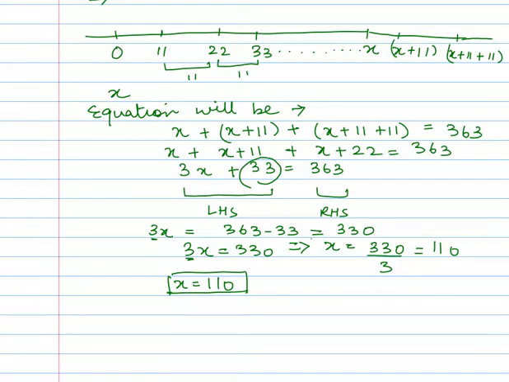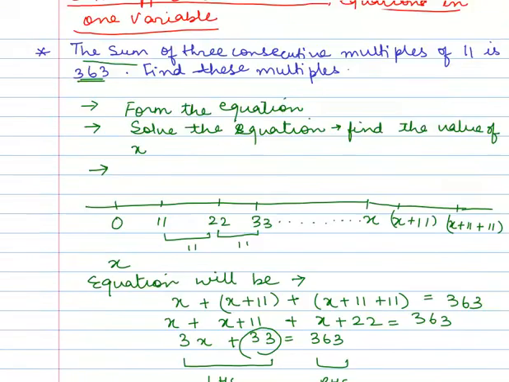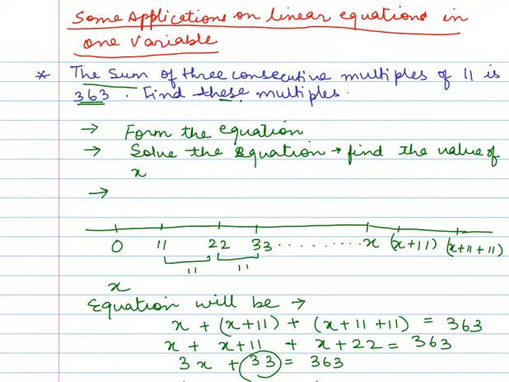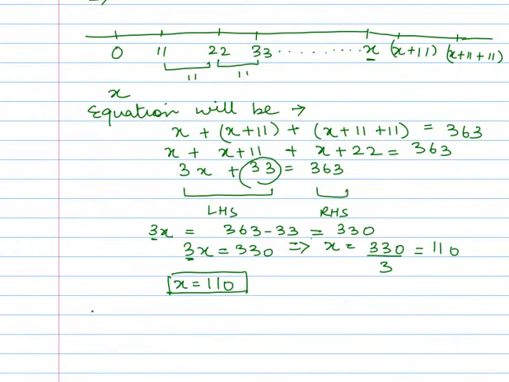Now in the question it was asked that we have to find these multiples. So x is only one of the multiples of 11 as required in the question. So what are the other multiples we will put? Our multiples were x, x plus 11, and x plus 11 plus 11, meaning x plus 22. We have taken these as our three multiples.